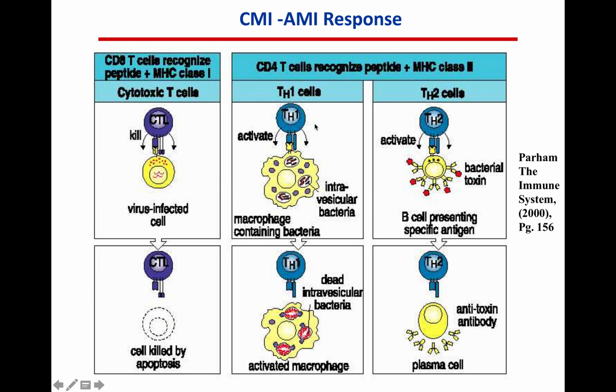The Th1 cells can go on and lead to activation and then initiation of the CMI response. Th2 cells will engage B cells and then lead to antibody production. So those are the two: CD4s are involved in both CMI and AMI.